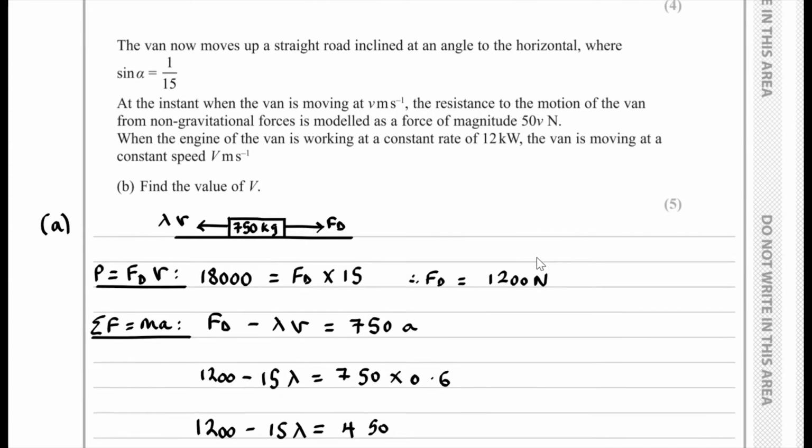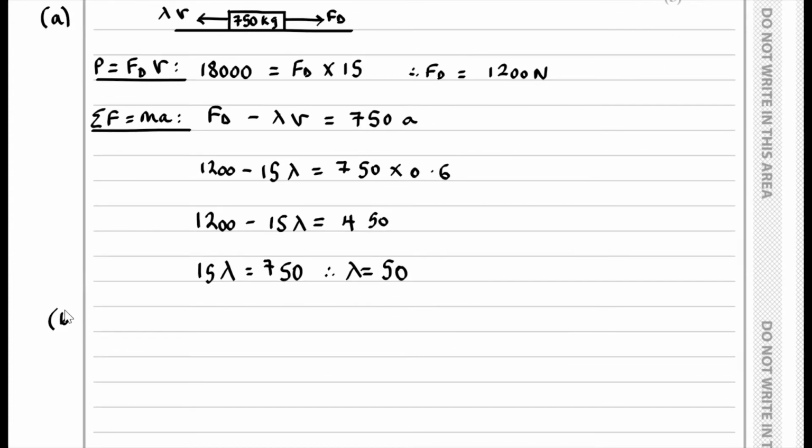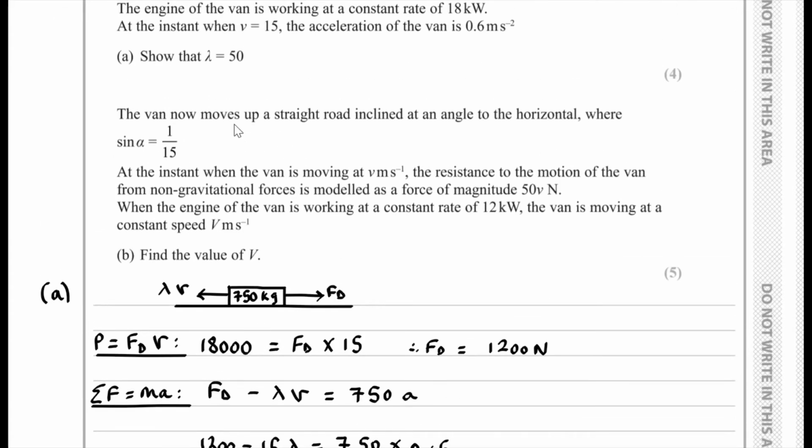Now for part B, the van moves up a straight road inclined at an angle alpha to the horizontal, where sine alpha is equal to 1 over 15.